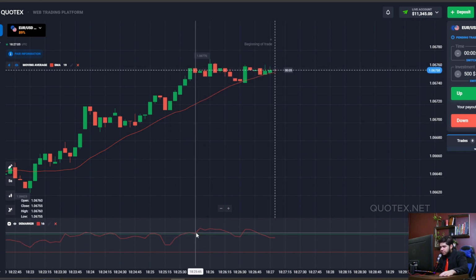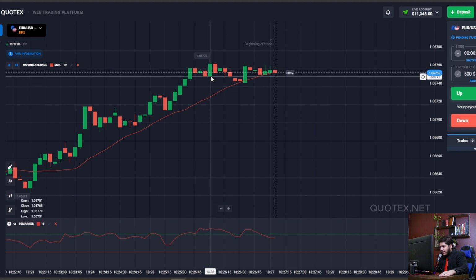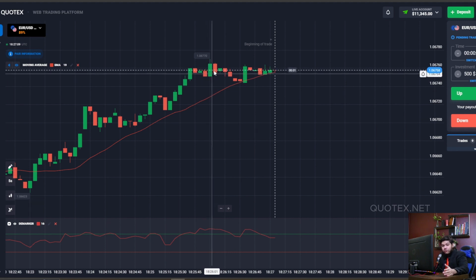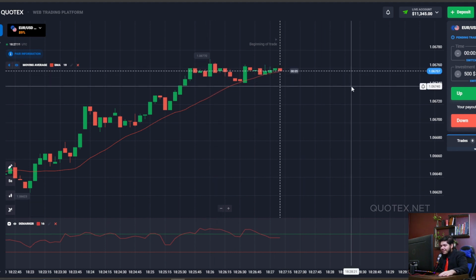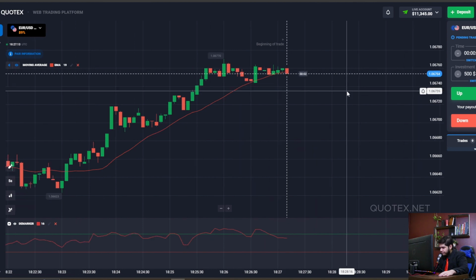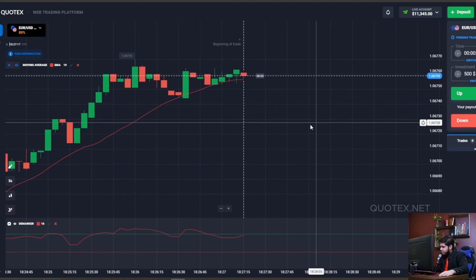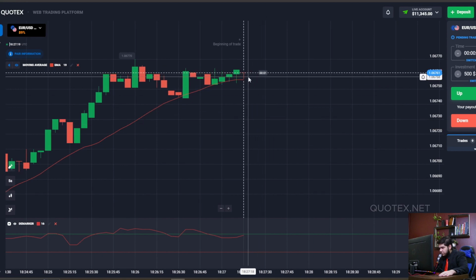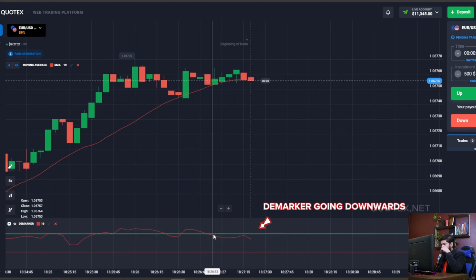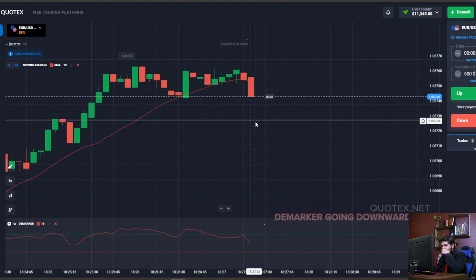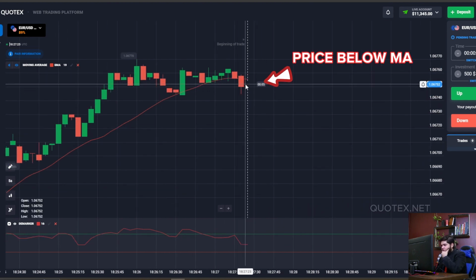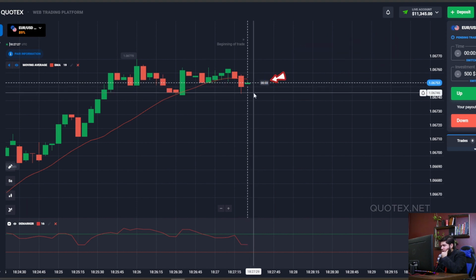So here at this point I took the trade, and we just banked $445 with this trading strategy. So now let's see the DeMarker going downwards right here. All right, the price is also moving below this moving average line, so this means the market is in a downtrend.